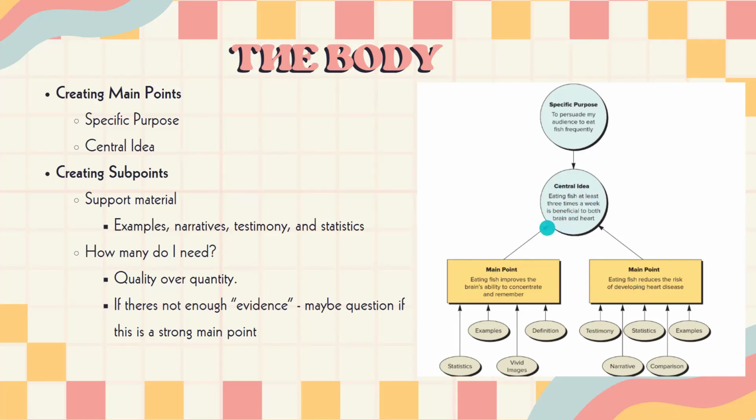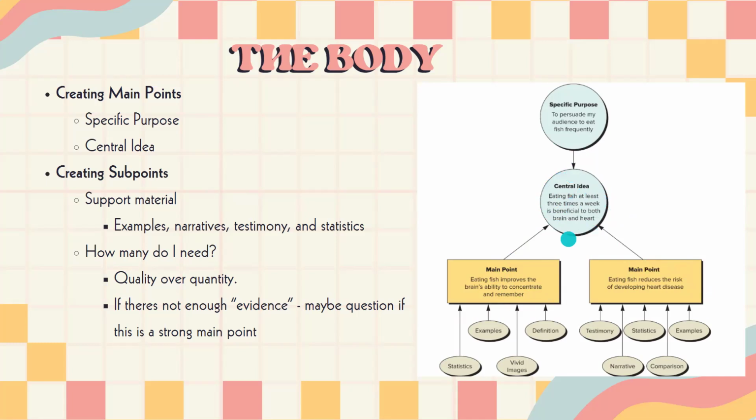So then, because this is my central idea, my main point could be eating fish improves the brain's ability to concentrate and remember. And then my second main point, eating fish reduces the risk of developing heart disease. Make sense?